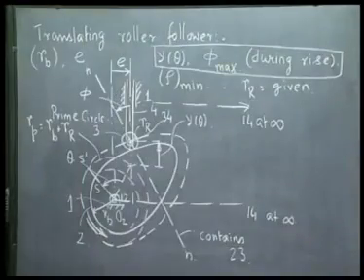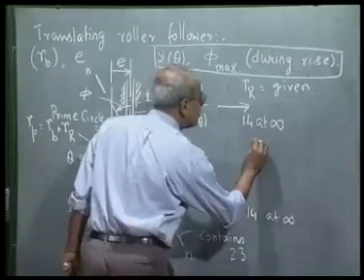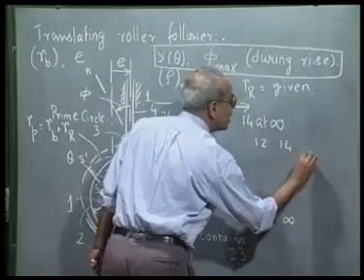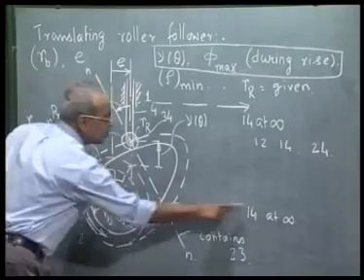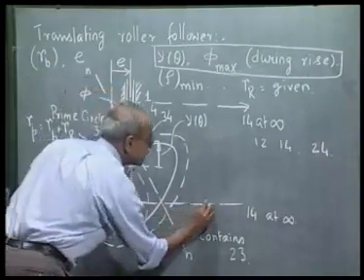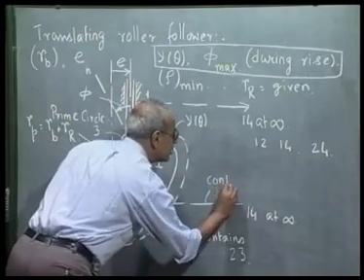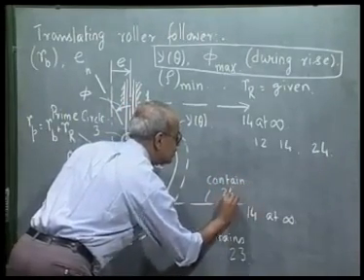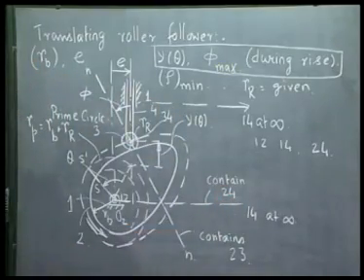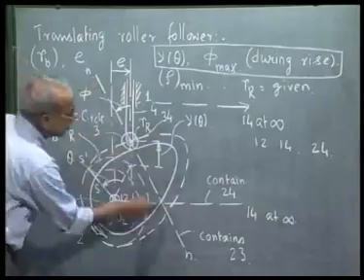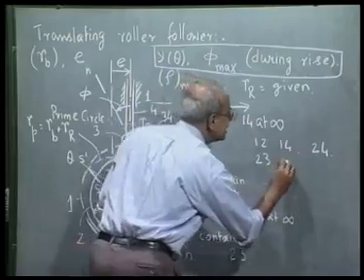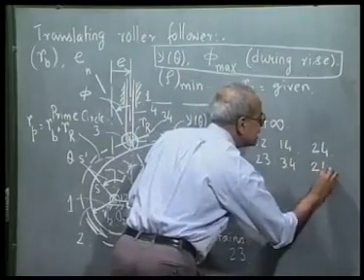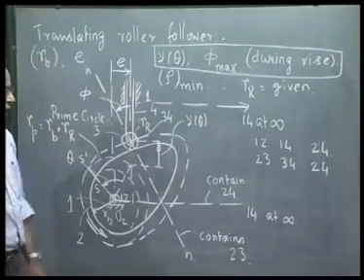But now let me apply the Aronhold-Kennedy theorem: 1,2, 1,4 and 2,4 must be collinear. This is 1,2 and 1,4 lies on this line at infinity, so this line must contain 2,4. Also, 2,3, 3,4 and 2,4 are collinear.